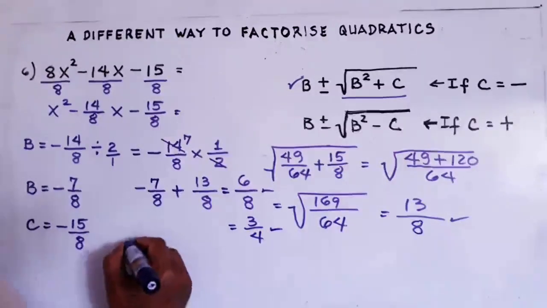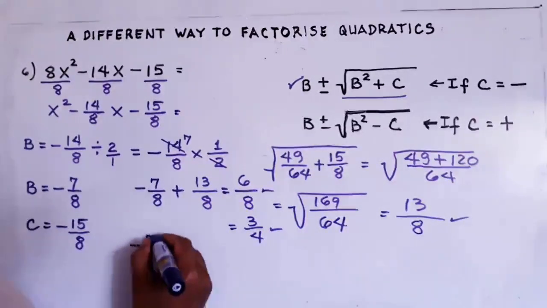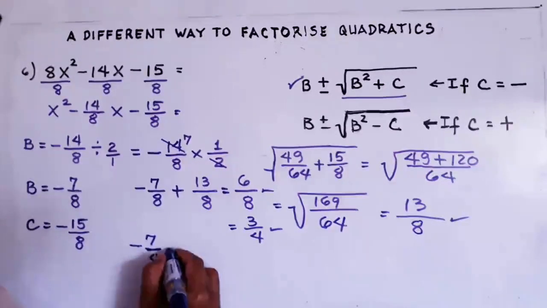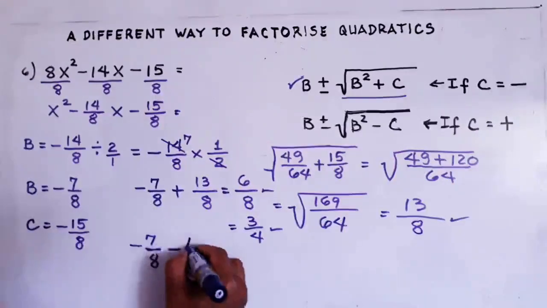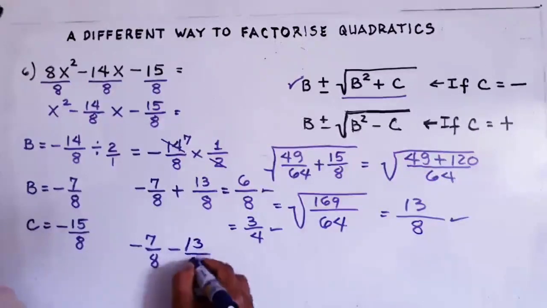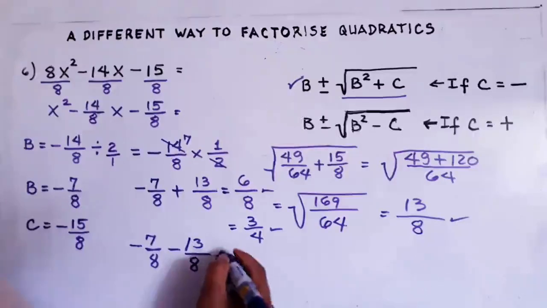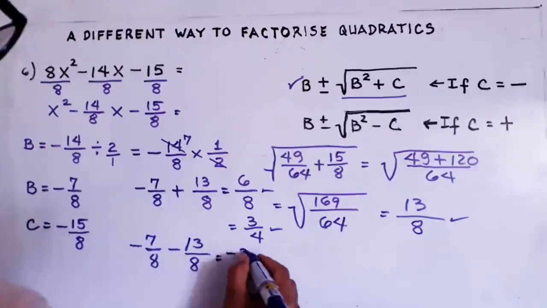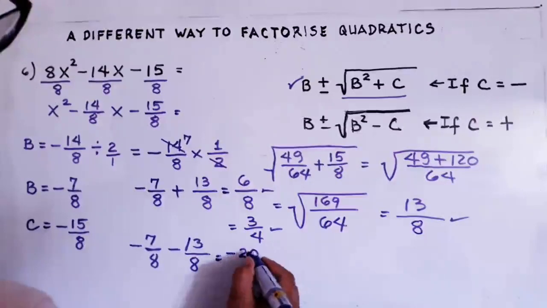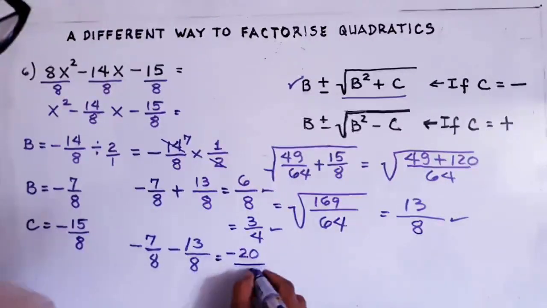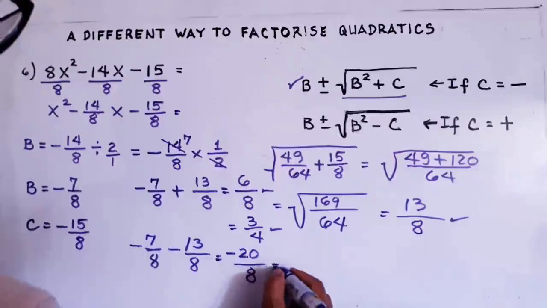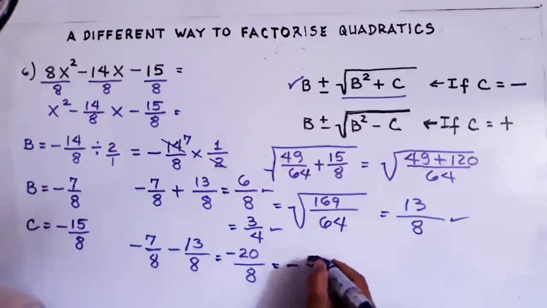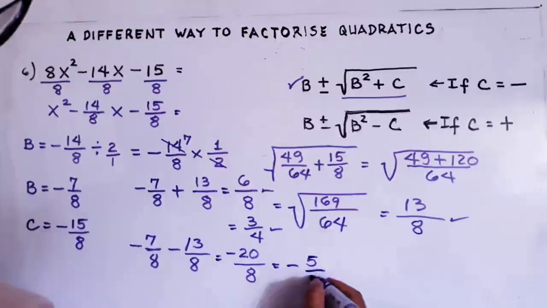The other one, we are not yet through. So we have negative 7 over 8 minus the 13 over 8, which is negative 20 over 8. Divided by 4, it's negative 5 over 2.